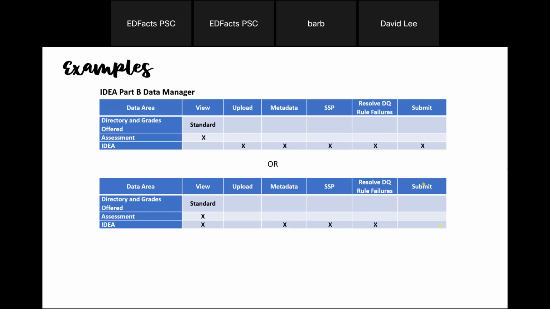You would just give them view, and then they can respond and add data quality notes to respond to data quality errors. If they're currently part of your data quality process, you're going to want to give them that access, responding to metadata, and then adding state submission plan notes. So the main difference between these is the first one has access to do all functionalities, whereas the second one can't upload or submit data, but they can do everything else.